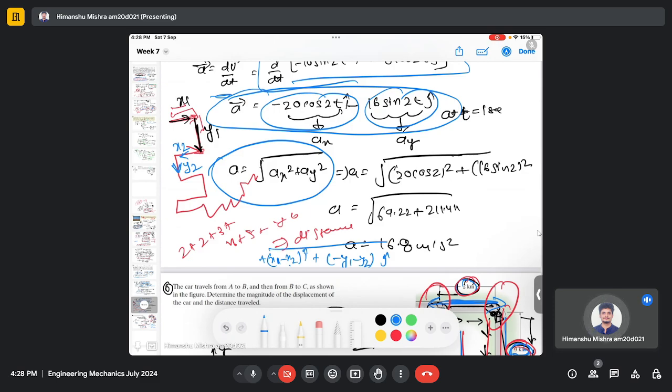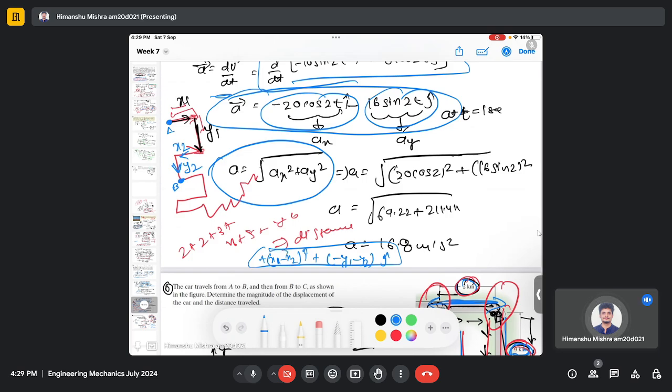So this is now your displacement or position vector from A to B. This is your vector now, x1 minus x2 i cap minus y1 minus y2 j cap.